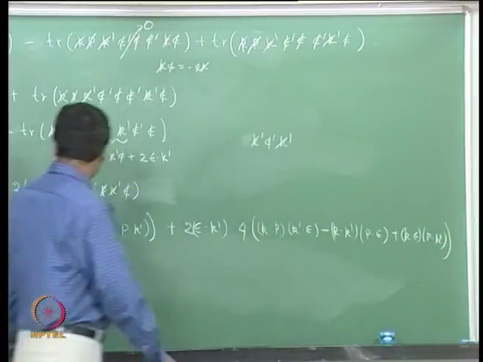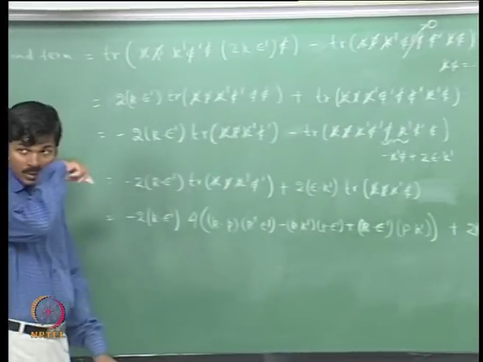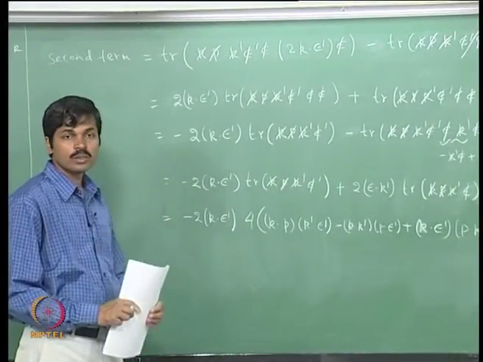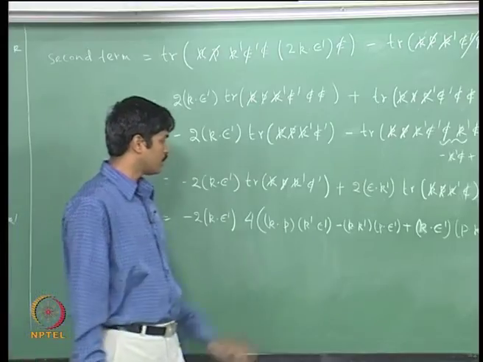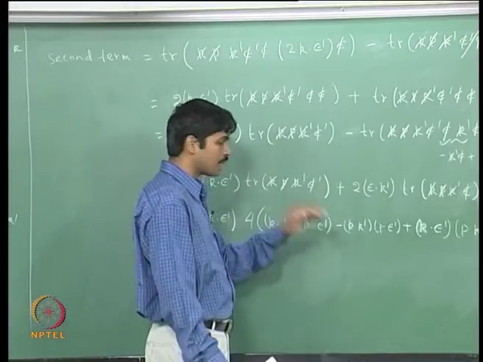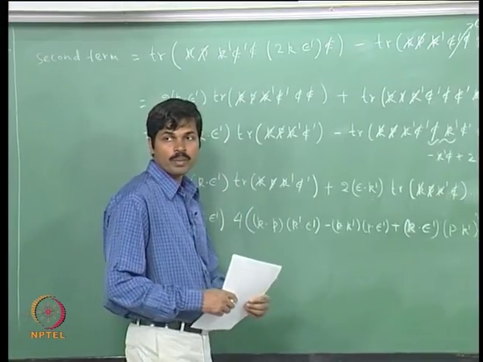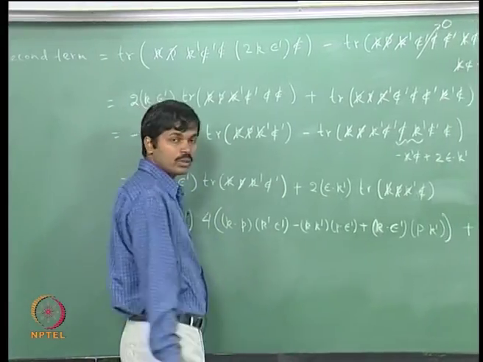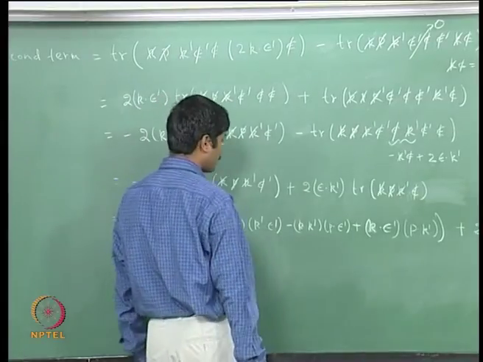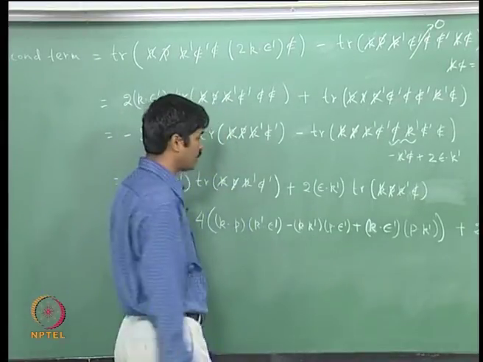Okay. But now you use the fact that the photon polarization is transverse, and then we are working in the laboratory frame, so that it is again orthogonal to p. So, p dot epsilon and p dot epsilon prime are 0.